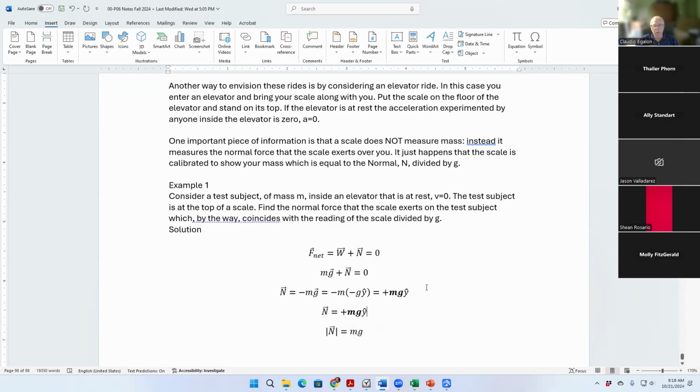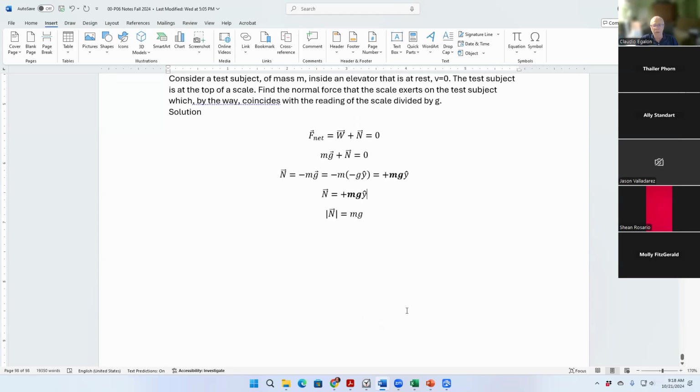And that's how you're supposed to use a scale if you want to find out your mass. The scale doesn't display a force, it displays a value of mass. What's happening here is that we calibrate the scale to display a value for the mass. The way we do that is we measure the normal force and divide it by the local acceleration of gravity.